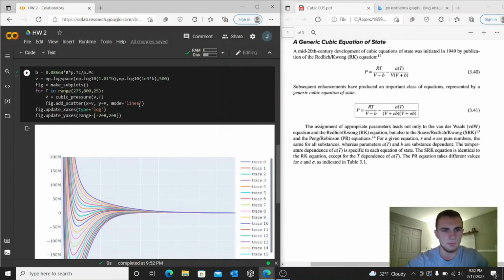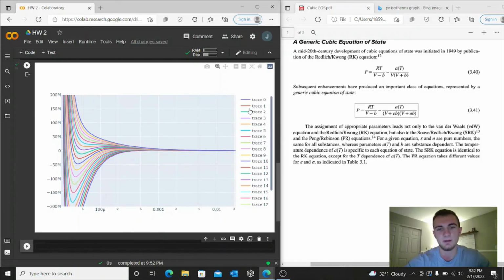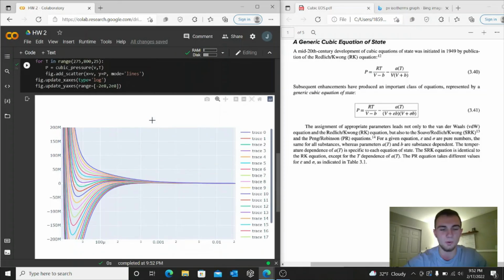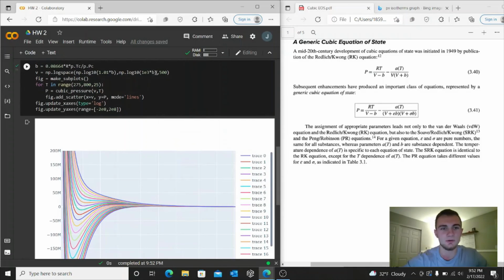Before I talk about the naming over here, we can actually decrease this x domain. We see that this is 0.001, so I'll go ahead and hard code that in because we're not really interested in our graph over on the right side here.